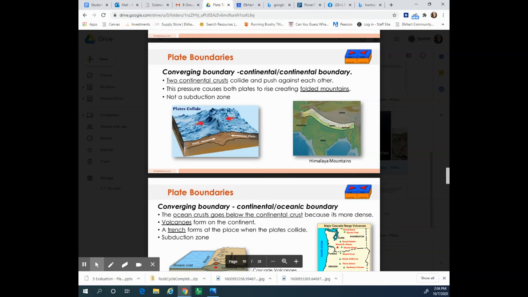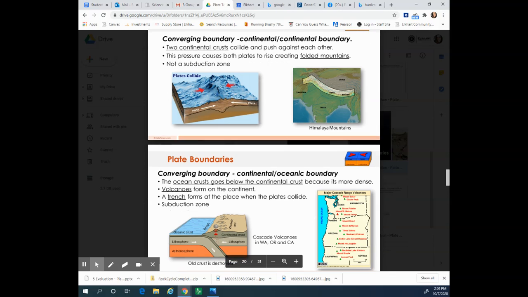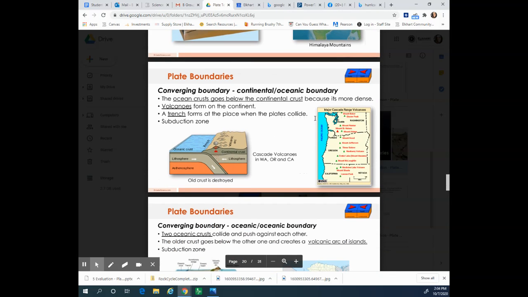collision, converging boundary. As you can see right here is a perfect example of how the ocean goes underneath the continental crust because it's more dense, and the volcanoes begin to form on the mainland of the continent. A trench forms at the place where the plates collide.